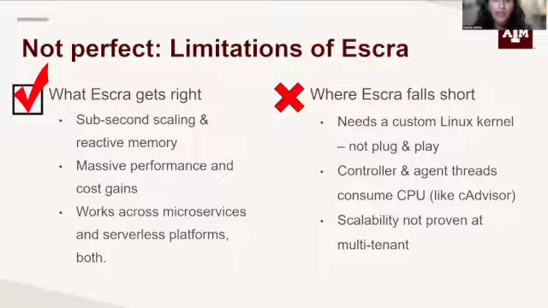So that is a limitation. Also, while Escra performs well across dozens of containers, the paper doesn't fully explore multi-tenant production scale clusters where thousands of containers are managed by many users, which could be a weakness of the paper.